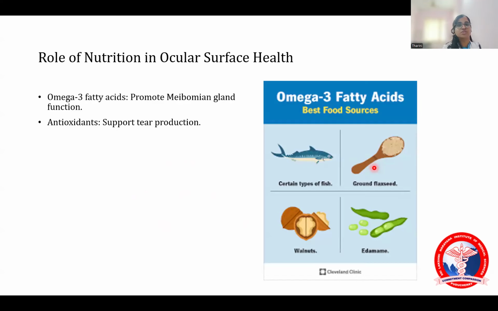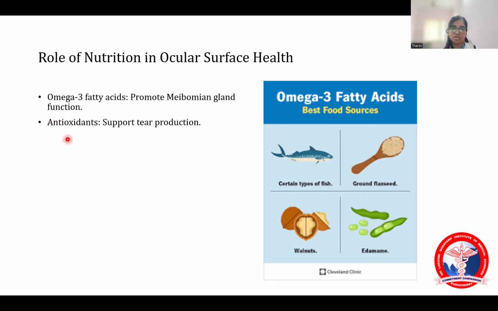And what is the role of nutrition in ocular surface health? Omega-3 fatty acids promote meibomian gland function. The best sources of omega-3 fatty acids include certain types of fish, ground flax seeds, walnuts, and peas.